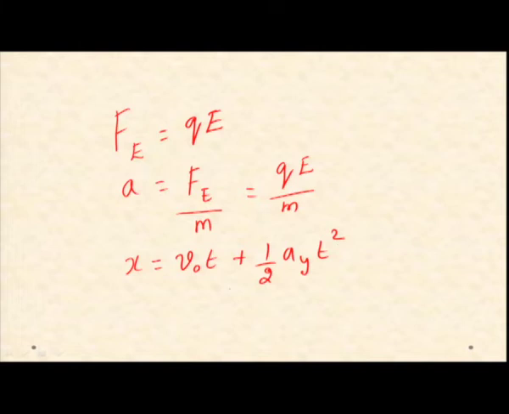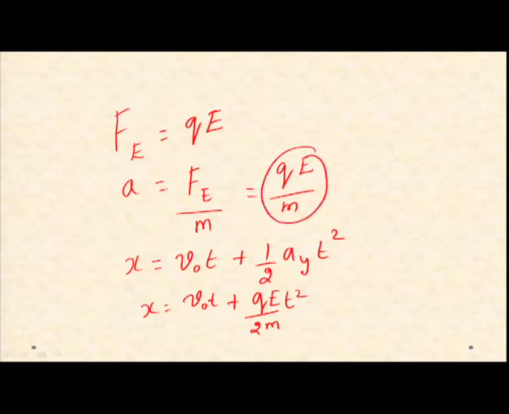Substituting the value of a, x equals v0 t plus qE by 2m into t square. So that equation becomes x equals v0 t plus qE t square by 2m. This is the position of a positive charged particle in x direction after time t.